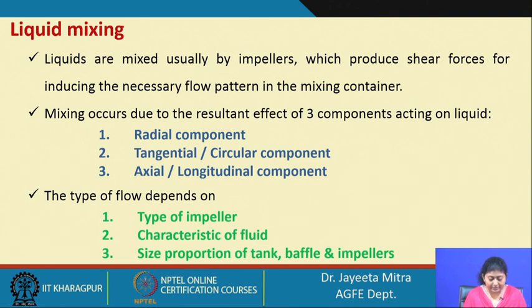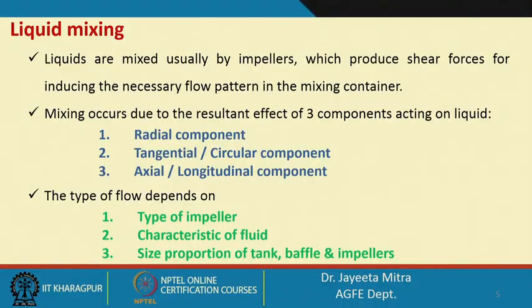Then the size proportion of the tank, baffle and impellers. Now, when we see the geometry of this kind of liquid mixing tank or barrel, we will see that there are some specific geometries. We sometimes use baffles around the periphery, on the inner sides of the periphery, and this is used sometimes to restrict the vortex or create it, because the vortex will generate proper mixing.